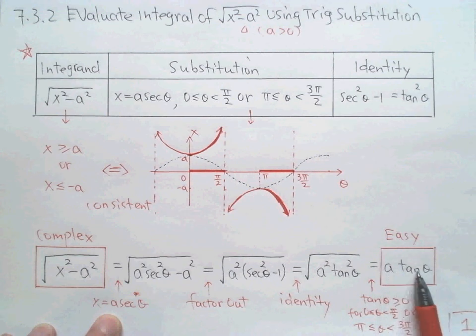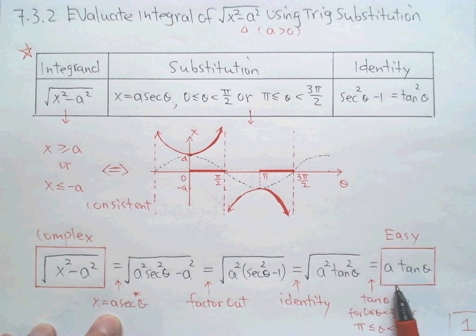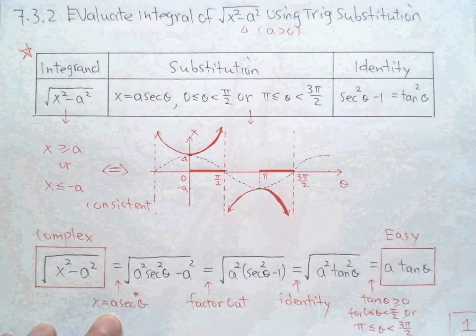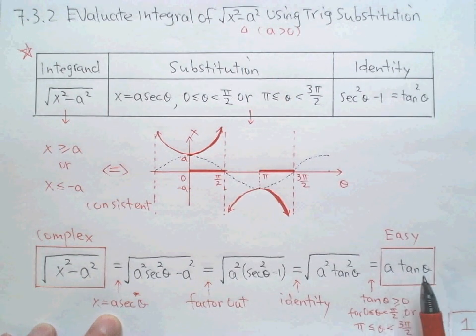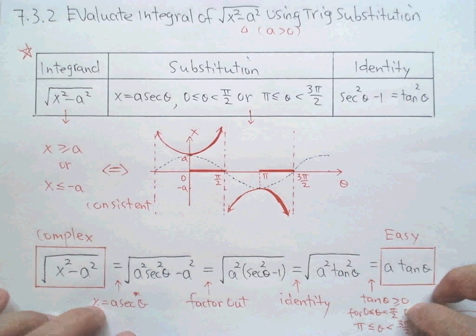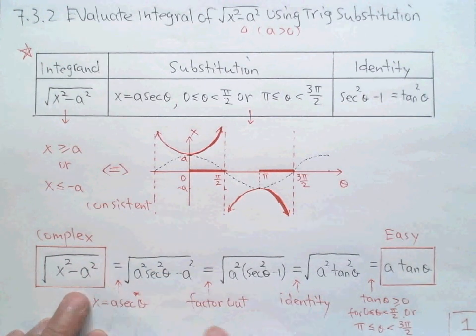Why is it not negative? Because what is the domain? Q1 or Q3, right? In quadrant 1 or quadrant 3, tangent is always positive. Always positive means this is already a positive value, because the original a is positive. A positive tangent, this is a positive value. Don't put the negative.